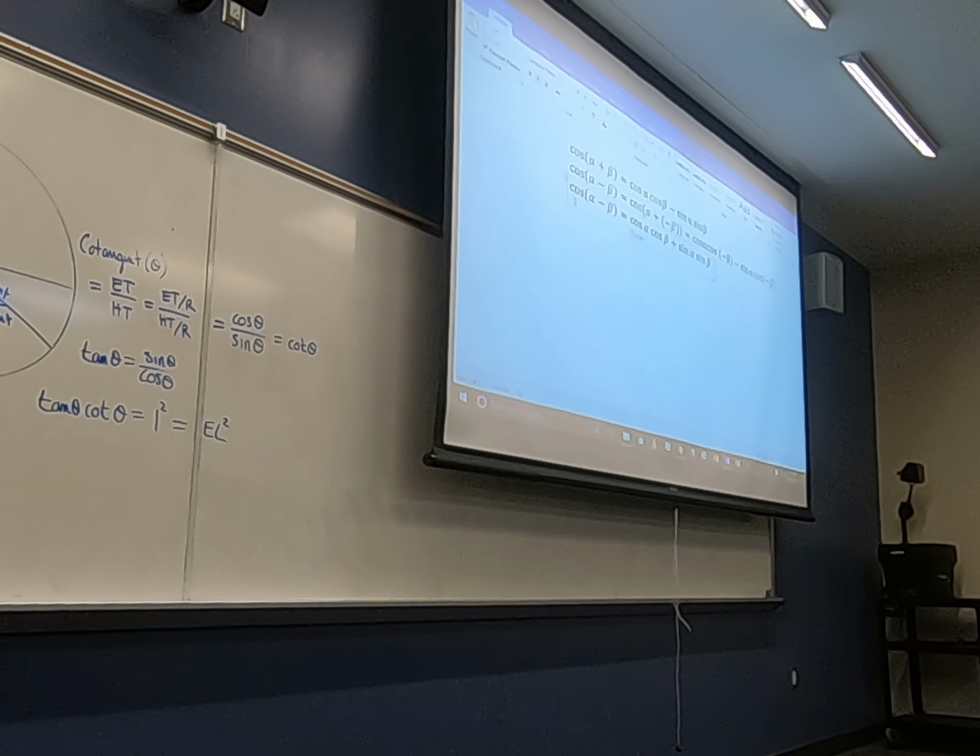What can I do? I can use the cofunction identity. That's what I'm going to do. So I'm going to say this is the cosine of the complement, right? So you get the complement as pi over 2 minus alpha plus beta.